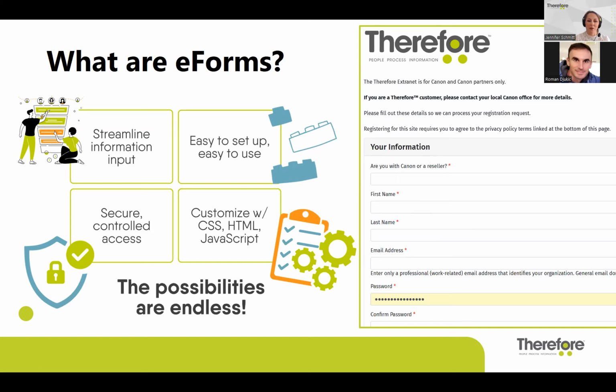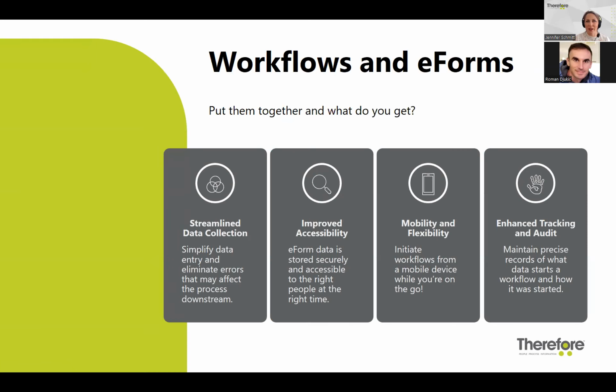That's the platform that we use for communication with Canon and our Canon partners, extranet.therefore.net. And when you want to get an account, you have to fill out this eForm, and that again starts a workflow process for us. So that's another example of how we use the great combination of eForm and workflow in our daily lives. But there are many other applications as well for workflows and eForms.